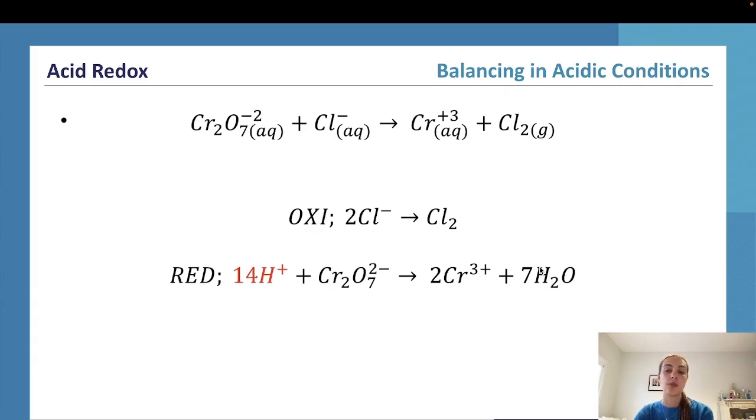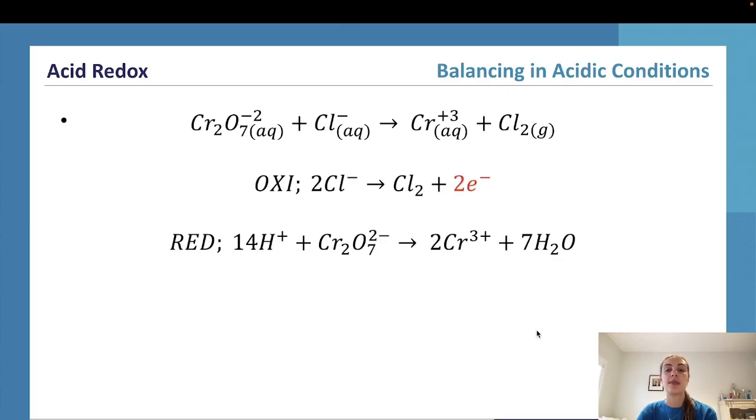So we need to get 14 on the reactant side, so both sides are balanced. We can add 14 hydrogens to the reactant side in the form of H+, or hydrogen ions. So we've got 14 H+ now on the reactant side, and 14 hydrogens on both sides of the reaction.